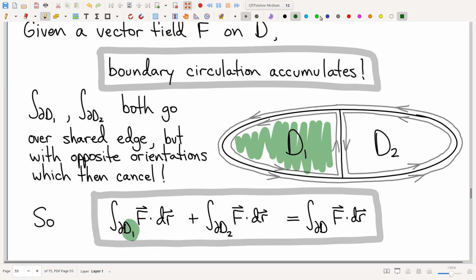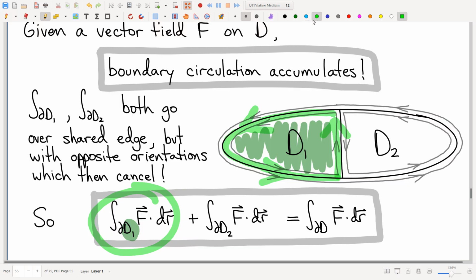If I ask what is the boundary circulation around D1, I've got to look at its boundary curve, and then think about a vector line integral going around that boundary. The boundary goes this way, and the boundary circulation would be oriented as I have it drawn there.